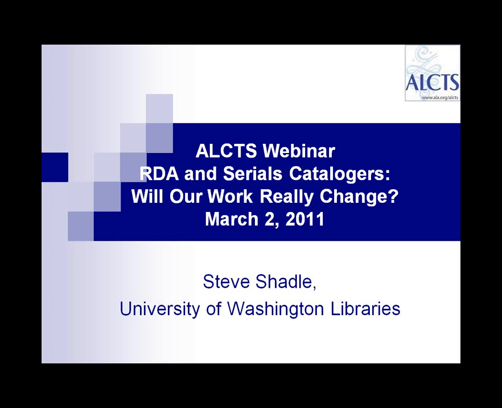Steve is a Serials Access Librarian at the University of Washington Libraries, where he is responsible for local systems and services that provide access to electronic serials. Along with Les Hawkins, the program coordinator, he developed the Electronic Serials Cataloging Workshop for the Serials Cataloging Cooperative Training Program, and also serves as a trainer for a number of the SCCTP courses.